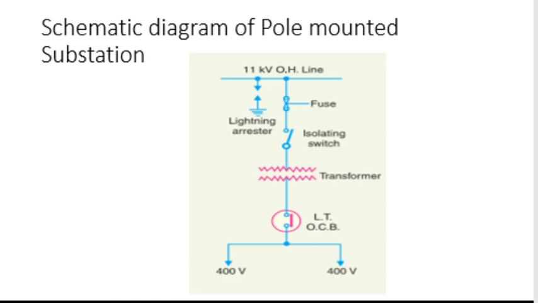As you can see in the upper part, there is an 11 kV overhead line to which a lightning arrestor is connected. It is equipment used to shut down the high voltage if it appears across a particular overhead line due to lightning. It gives a path to the current only when there is a high voltage. That is the function of a lightning arrestor.